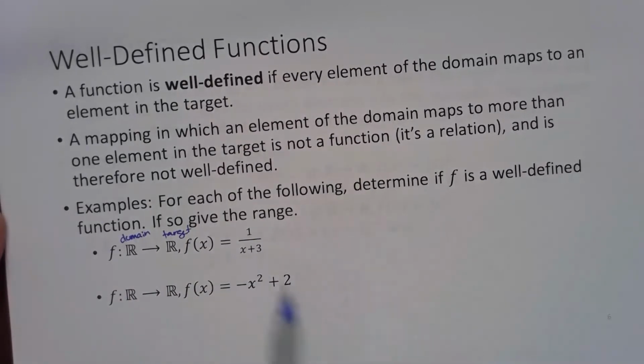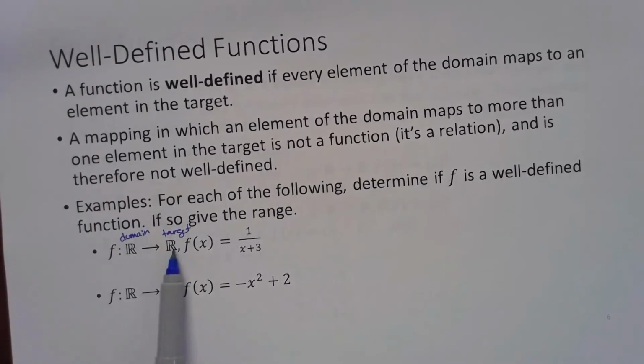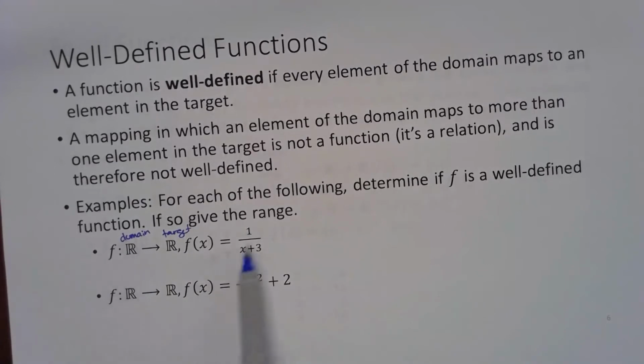This is only a well-defined function if every single value in my domain would map to a value in the target. So if I put 1 in there, that's going to map to 1/4. If I put 0 in there, that's going to map to 1/3. So can I put every single real number into this function and get it to map to another real number?